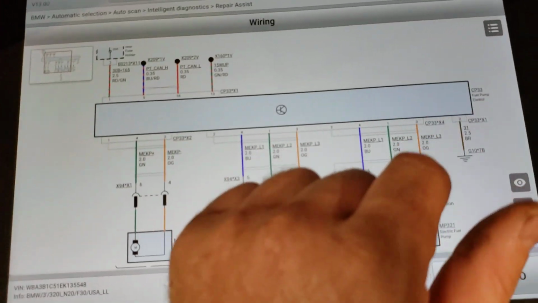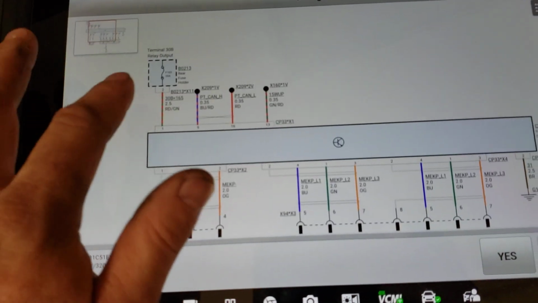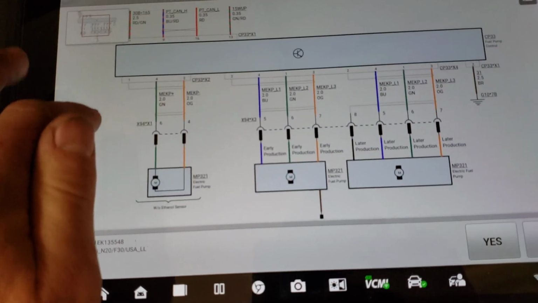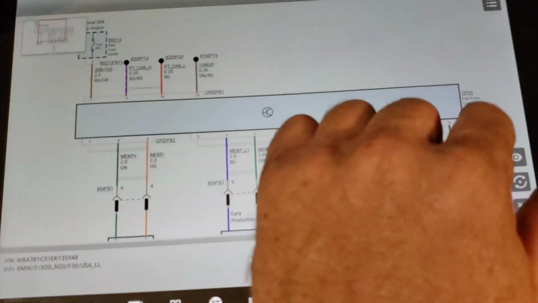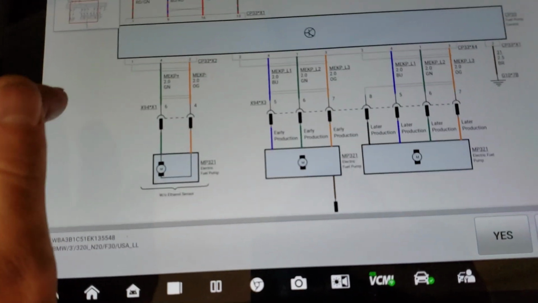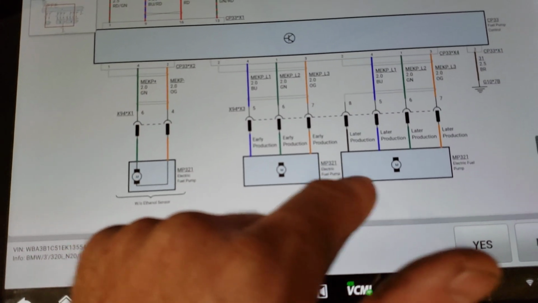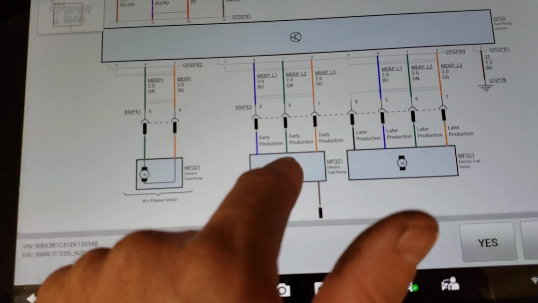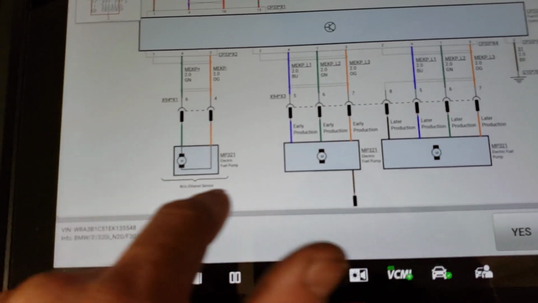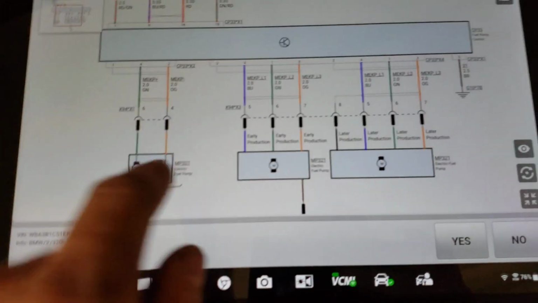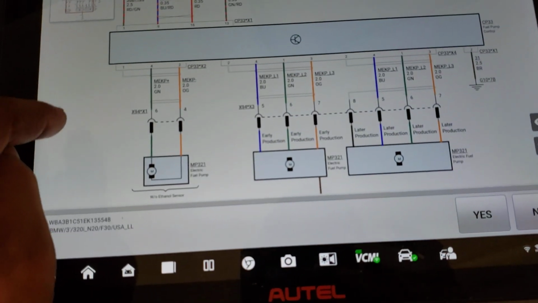Fuel pump control. You got your power, your ground, your fuel pump control, electronic fuel pump. Okay, early production, late production, without ethanol sensor. So we got to find which one we have, obviously. But either way, it talks to this fuel pump control.